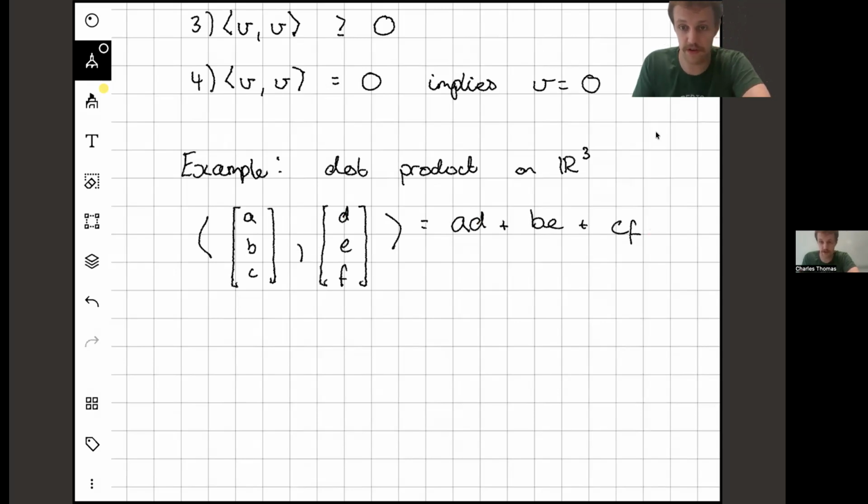So really, it's just the first two numbers multiplied together, plus the second two numbers multiplied together, plus the third two numbers multiplied together. And this is an inner product.